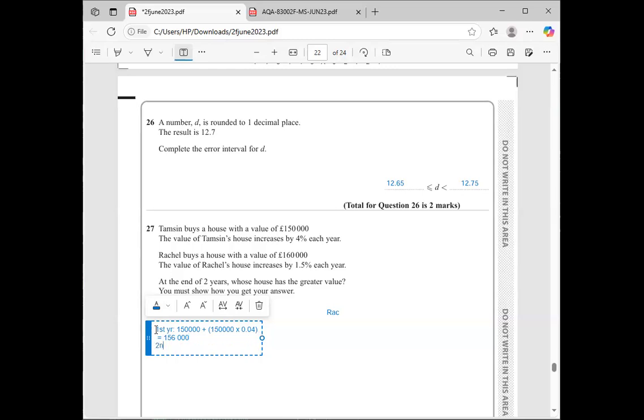Okay, so now we're going to do the same thing. Second year, it's still 4%. So we're going to go 156,000 plus 156,000 times 0.04.